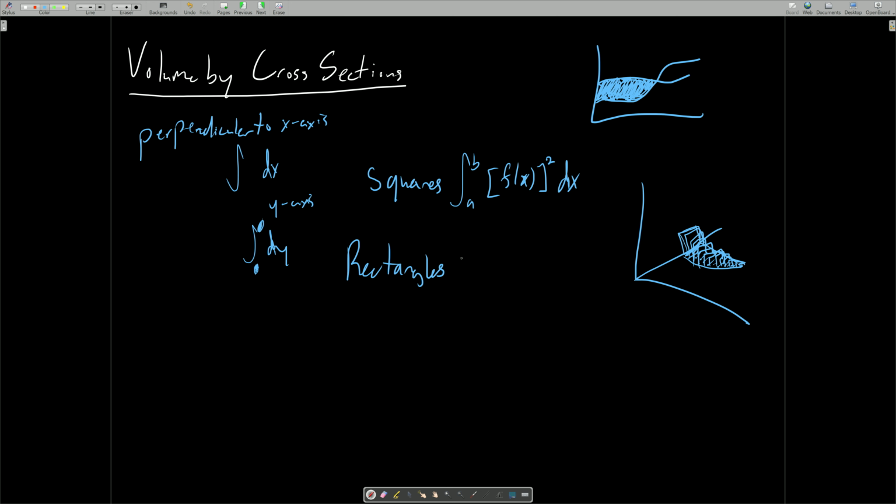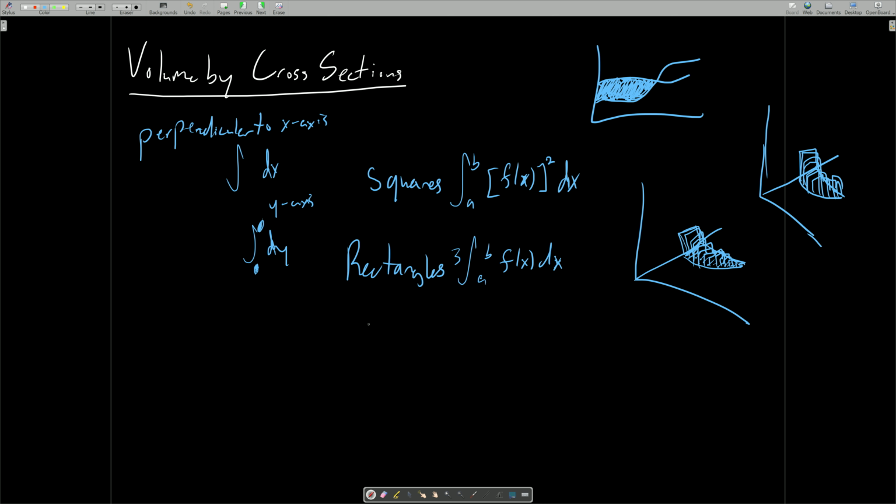For a rectangle, it could really be anything. What if I try to use the same example, same sort of shape? You have a rectangle with a height of 3, right? And so all these rectangles would have the same height of 3. So this would be 3 times the integral of f(x) dx.